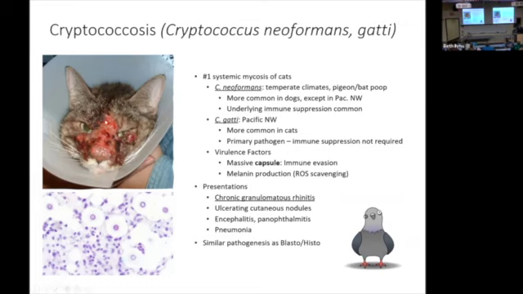Okay, yeah, so this can crawl around, it can go to the eye, it can go through the cribriform plate and then the brain, do whatever it wants because the immune system knows that it's there. It forms these masses that we call cryptococcomas because it's like a tumor made of crypto, and they're very gelatinous and kind of clear and jelly-like because of this capsule.